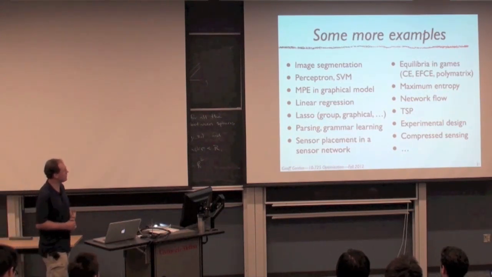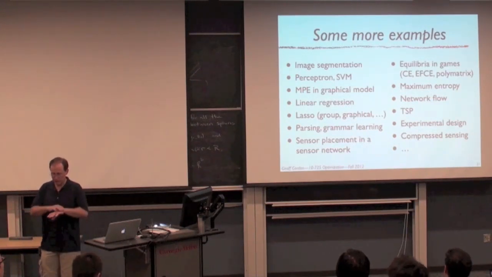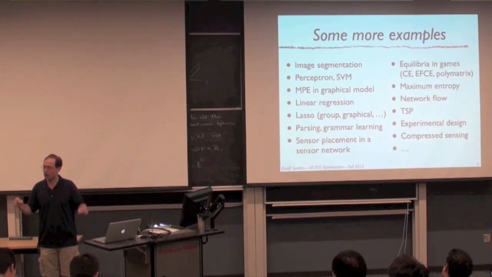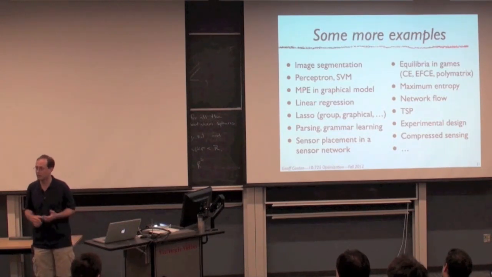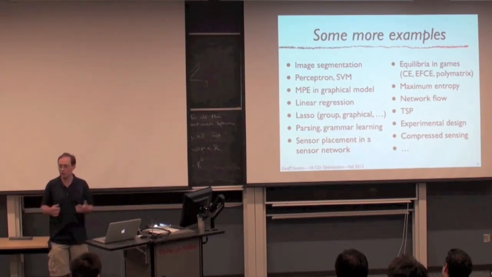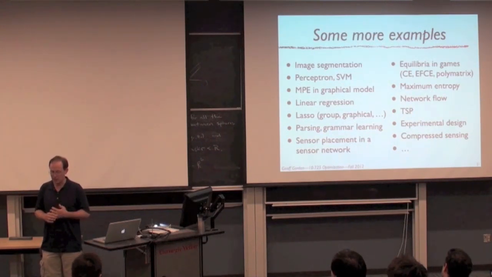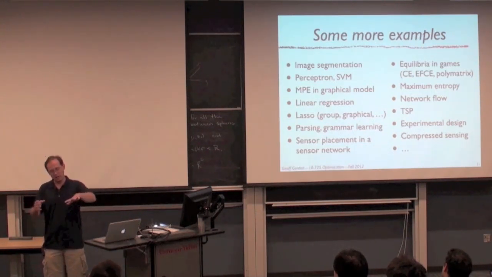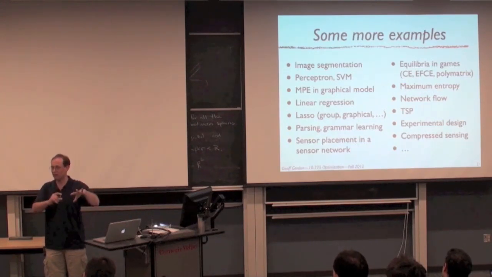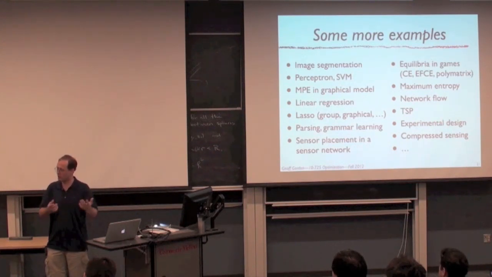Sensor placement, right? So that's a nice one. So the problem with sensor placement is you have maybe a 2D area that you want to cover with physical sensors, and you want to get as much information as possible about some quantity of interest. And so there's been a bunch of recent work that I think is pretty interesting, where the total amount of information that you get is a function that has this property that I mentioned called submodularity, which means it's sort of a diminishing returns property, that if you already have a lot of sensors out and you add a new sensor, you'll get less information than if you have only a few sensors already out there.